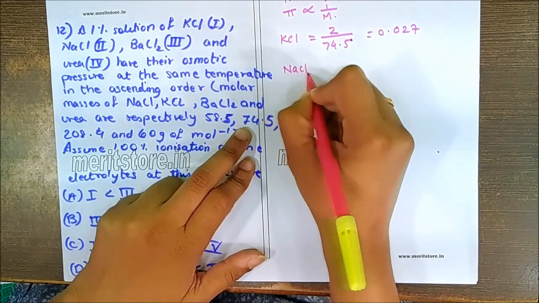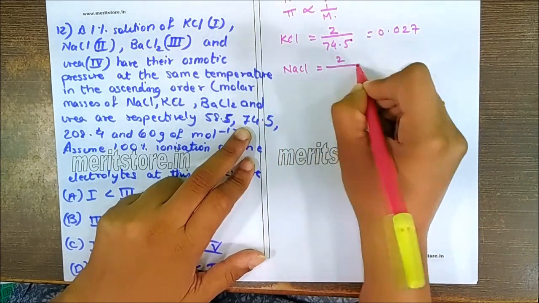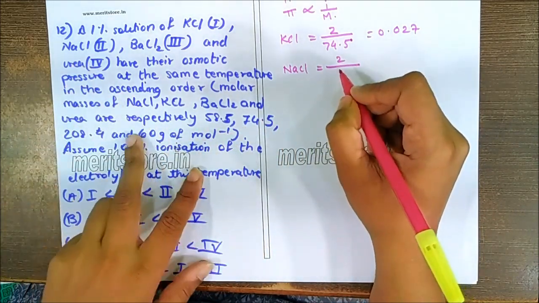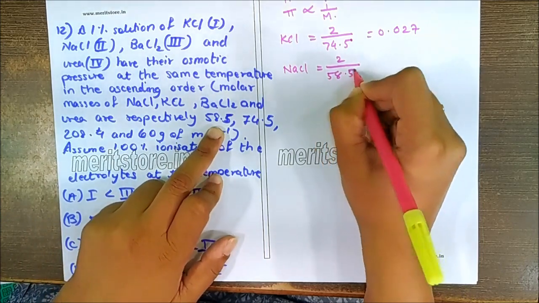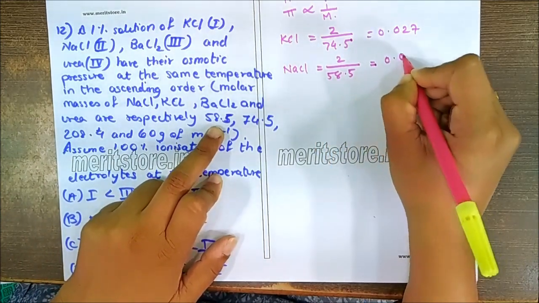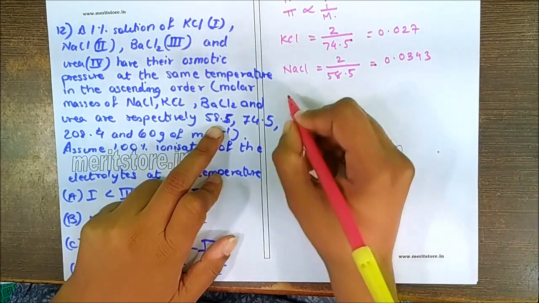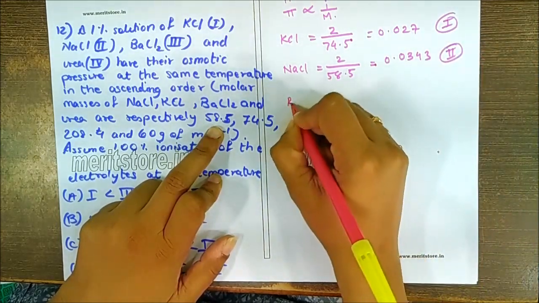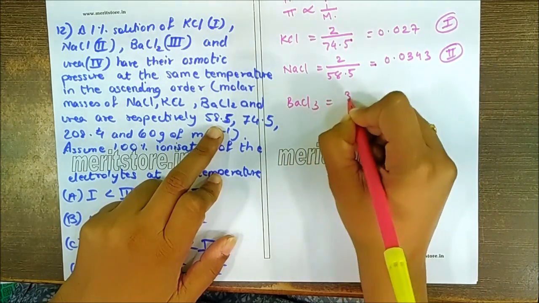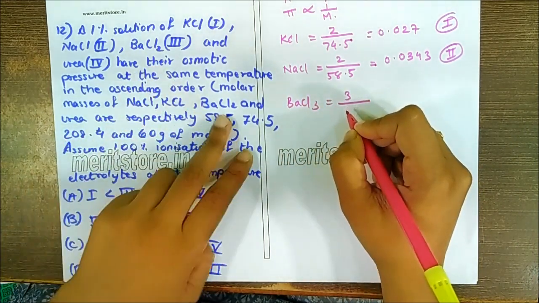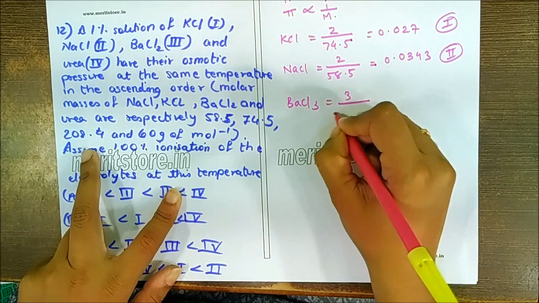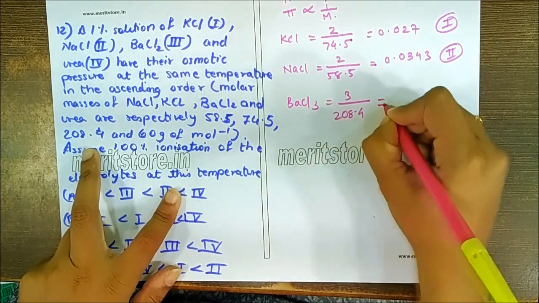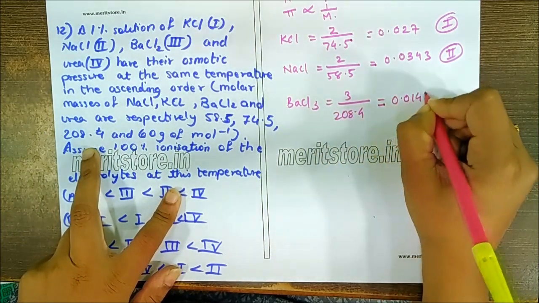Next is NaCl. NaCl will dissociate into 2 ions, and its mass is 58.5, so that comes out to be 0.0343. This is 1, this is 2. Now next is BaCl2, which will dissociate into 3 ions. The BaCl2 mass given is 208.4, so that is 0.0144.